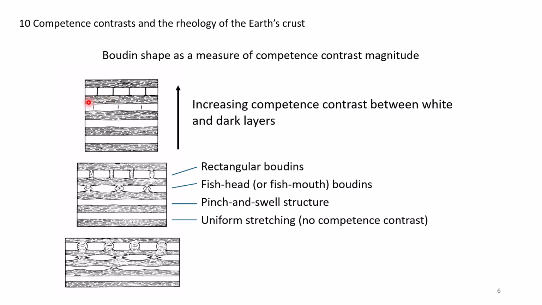If we apply lateral extension to this sequence of layers, we will find that the uppermost layer responds by the formation of tensile fractures with very little lateral extension. We see that starting here already in the situation at the top, and we see that these boudins that have formed are separating further and further from each other the more we stretch the rocks laterally.